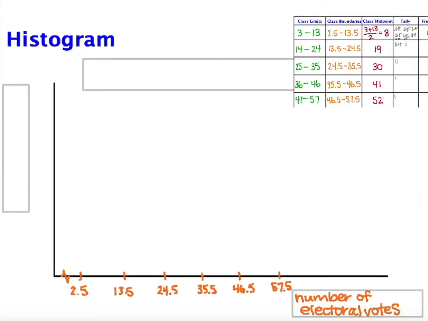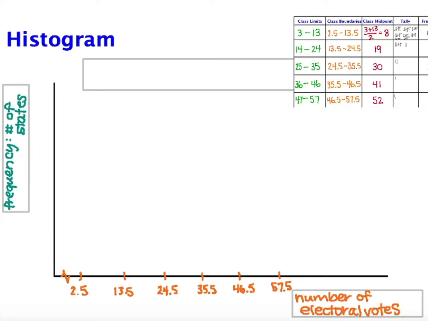Now the y-axis for a histogram is always going to be the frequency, but we want to think about what does that stand for. The frequency in this case is the number of states with that number of electoral votes. So I'm going to label this as frequency, but then also describe what it stands for. So number of states.